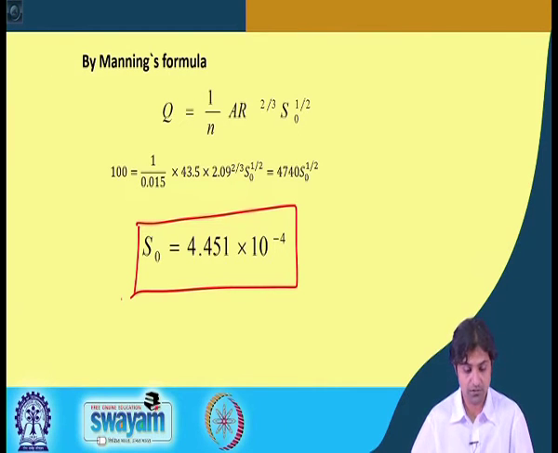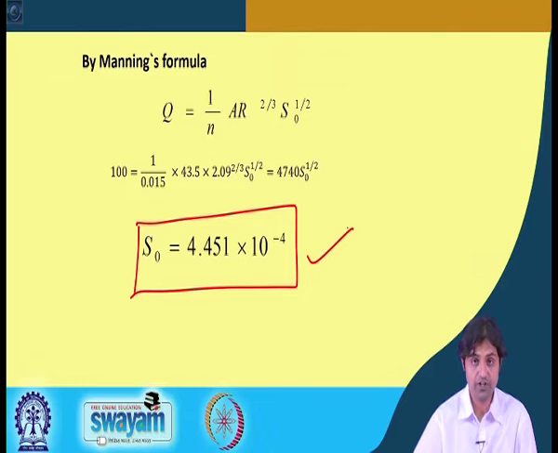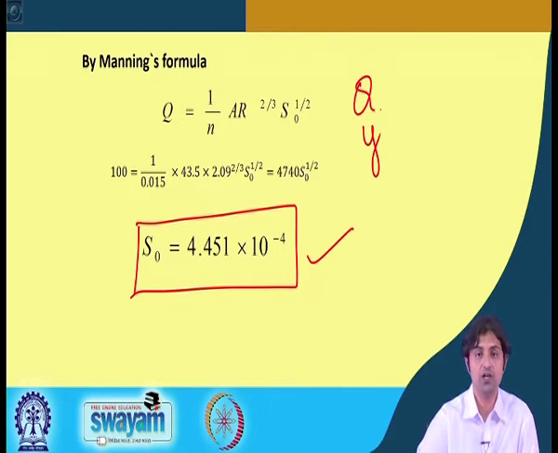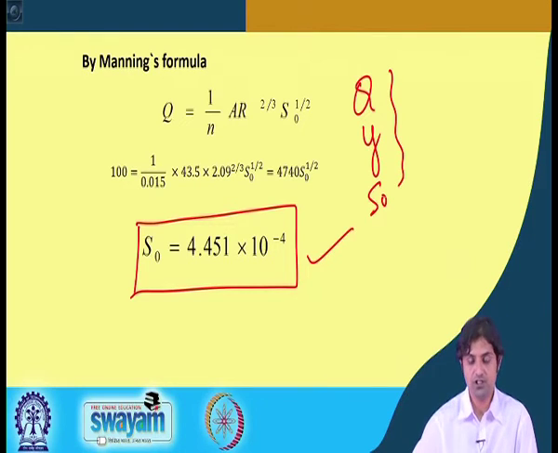So, this is one question. In Manning's equation we were given everything and asked to calculate Q in one problem. In the other problem we were not given Y, so we were asked to calculate Y. Here we have been asked to calculate S naught, but the procedure remains the same.